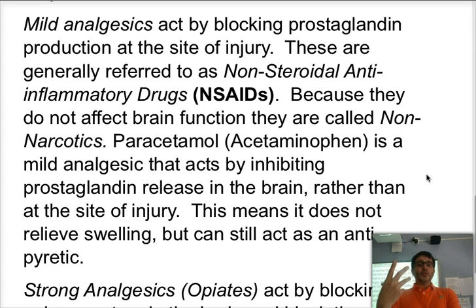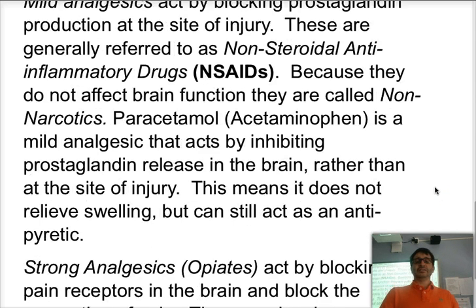Paracetamol stops that release in the brain, so paracetamol is not able to stop swelling like other NSAIDs can, but it still can relieve pain, mild pain, and it can still act as an antipyretic because temperature regulation is controlled in the brain, all right, or in the upper nervous system.